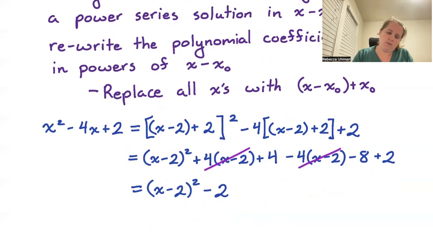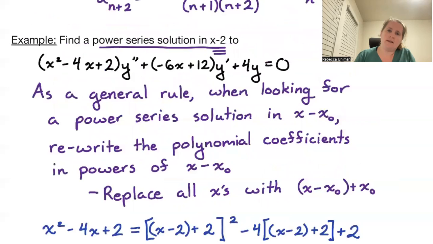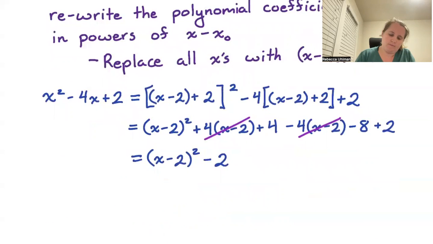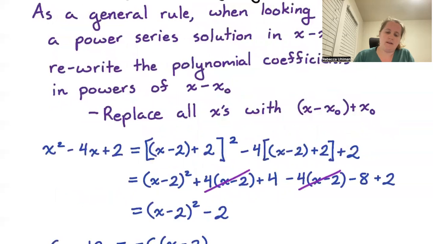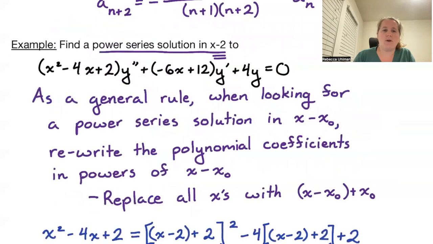Our second polynomial was negative 6x plus 12. I can tell right off the bat that that should be negative 6 times (x minus 2). And then, of course, 4 is just 4.